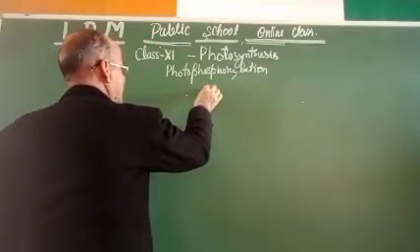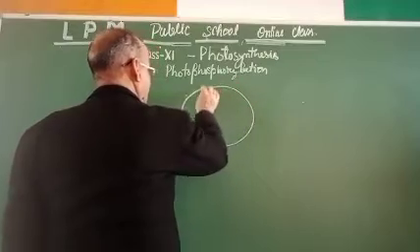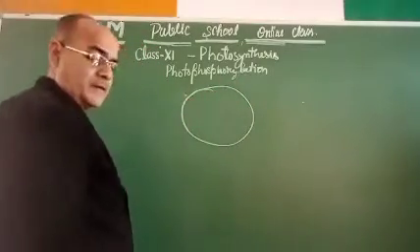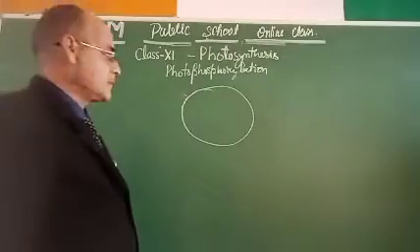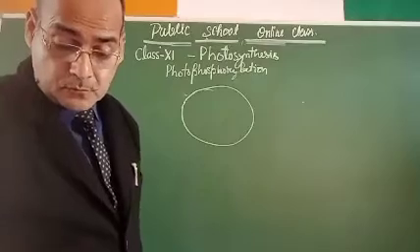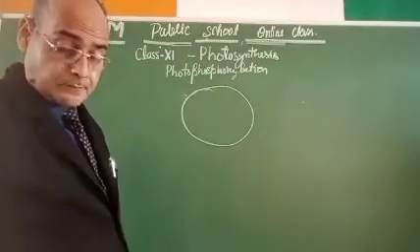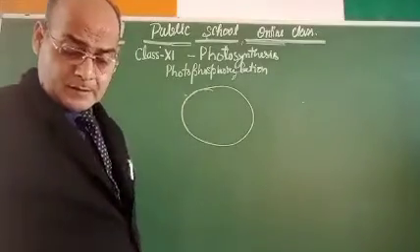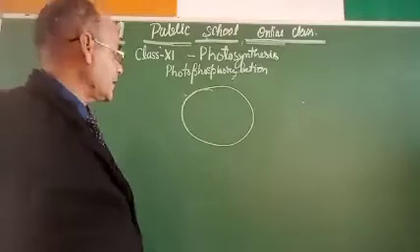For this there will be a need of a cell membrane in which two photosystems are present, photosystem 1, PS1, and PS2. This is the diagrammatic representation, and one is the cytochrome, that is the ETS, electron transport system.